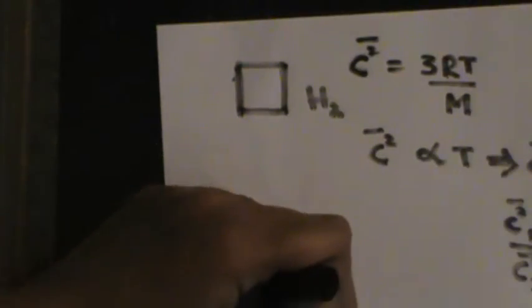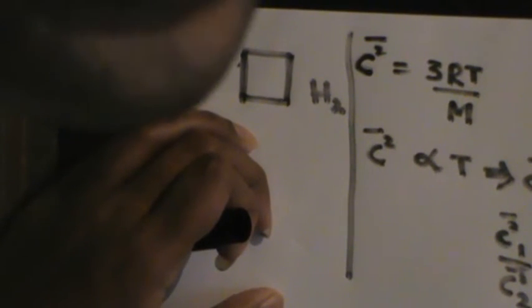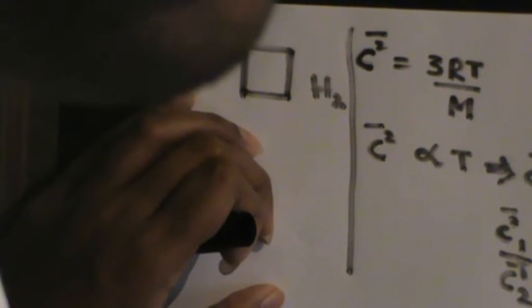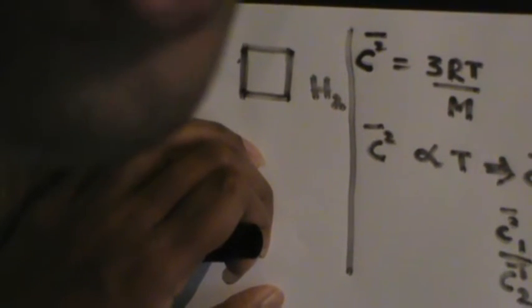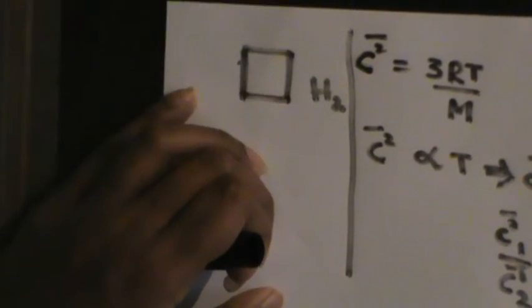So we have been given a sample of hydrogen like this, and we have been given that at 273 kelvins the root mean square velocity of this gas is 1840, and we have to find the root mean square velocity of this gas at 373 kelvins.